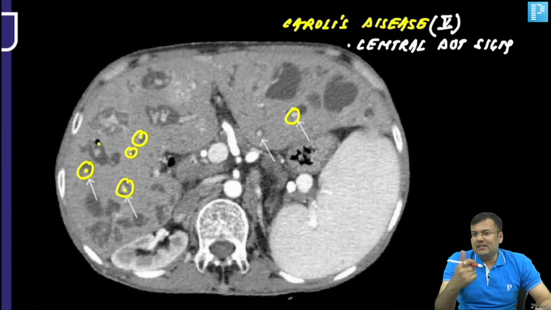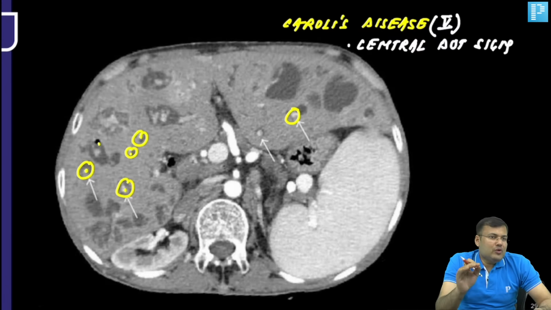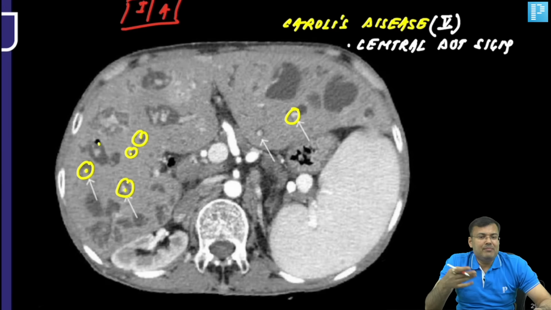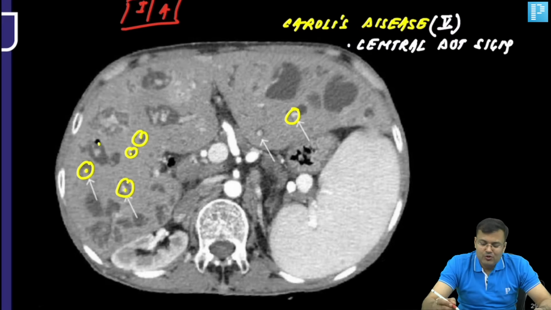If a classification starts from A, B, C, D, E, usually it's A. In type 1 choledochal cyst, it is 1A, 1B, 1C. Which one is most common? 1A is most common, right?